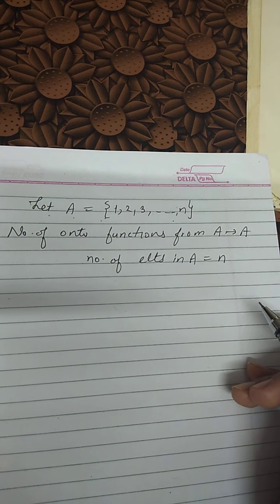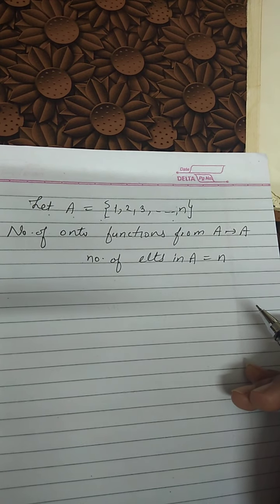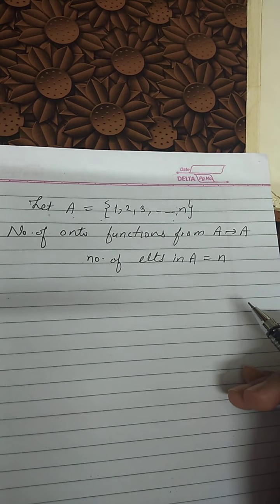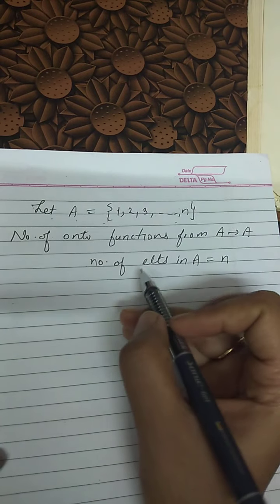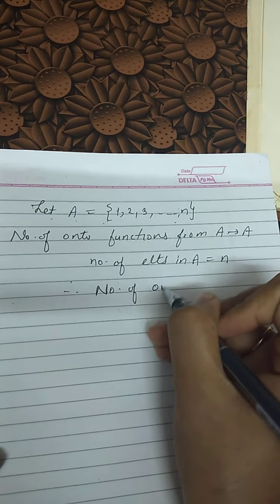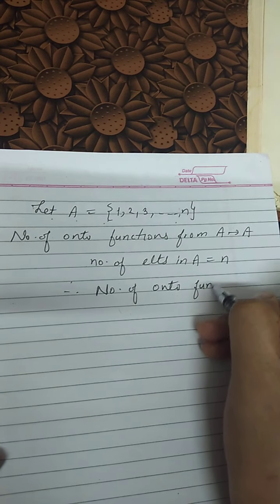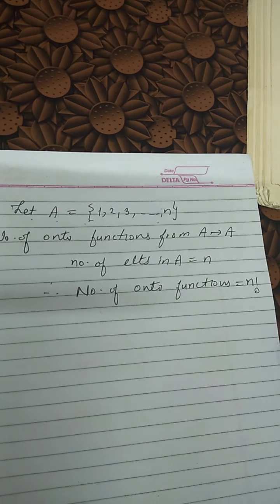If the set is having m elements or n elements and we want the number of onto functions or the number of one-one functions even from the set A to itself, that will be given by, therefore, the number of onto functions simply will be equal to n factorial.